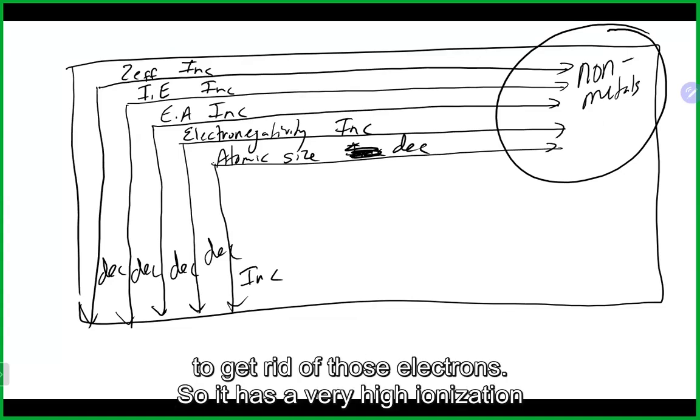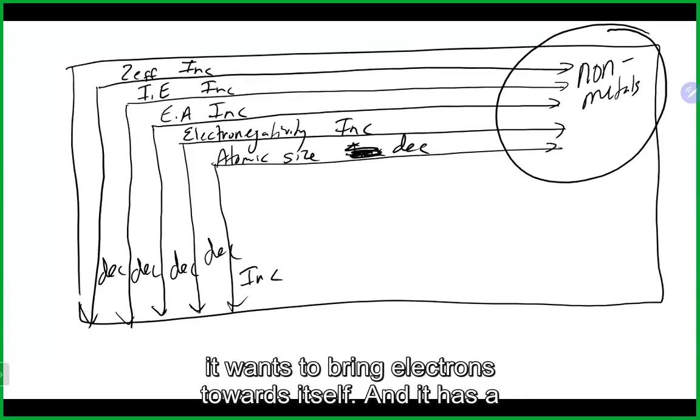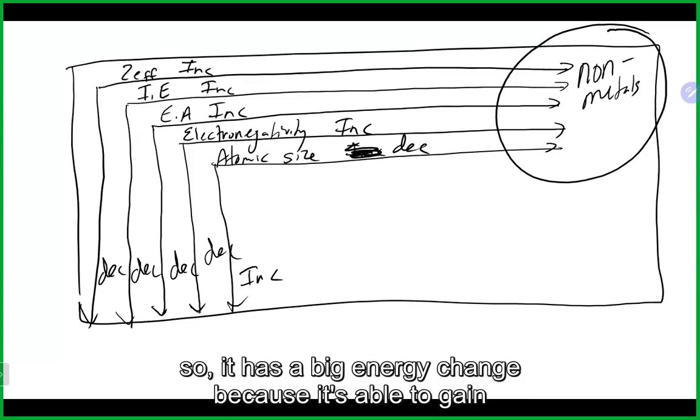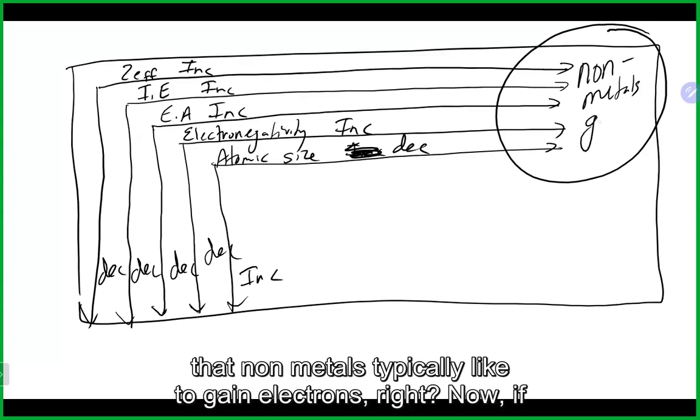So it has a very high ionization energy. It also has a very high electronegativity, which means it wants to bring electrons towards itself. And it has a high electron affinity, which means it's successful in doing so. It has a big energy change because it's able to gain electrons. So all of those periodic trends together tell us that nonmetals typically like to gain electrons, right?